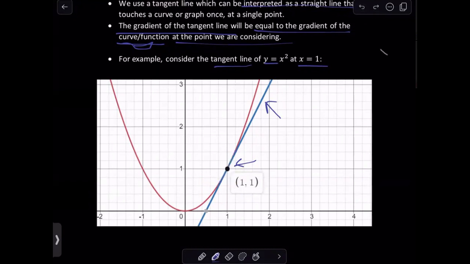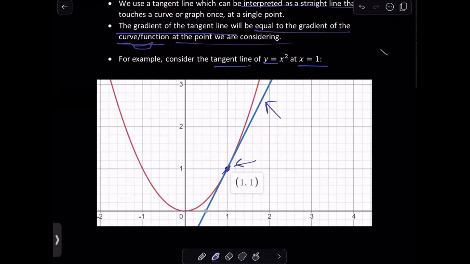So look at how these two are basically overlapping at that point. The gradient is the same at this point 1 and 1. That is why we say that the gradient of this tangent line is equal to the gradient of the parabola at that specific x value, x is equal to 1, or the coordinate 1 and 1.